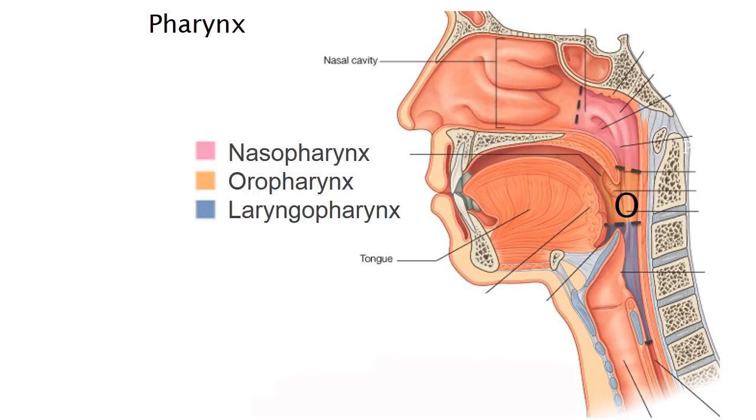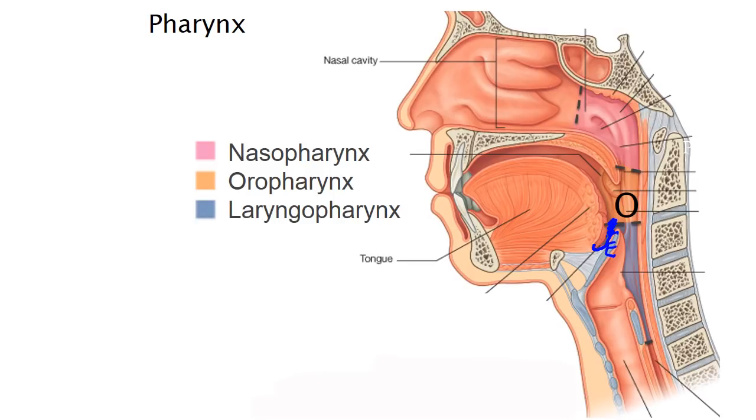The mucous membrane of the epiglottis, here's the epiglottis, is reflected onto the base of the tongue and onto the lateral wall of the pharynx, which is hard to draw in here.